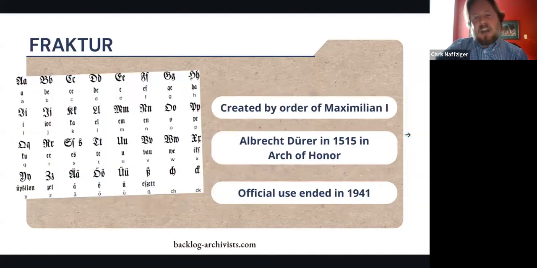And then it gets to Fraktur, which is what I might call stereotypical German text, which you see everywhere. It was created by the order of Maximilian I, House of Austria, or Habsburg, as we call it nowadays. This is what is so important for you to become comfortable using. Now, I'll openly admit, when I'm reading Fraktur type, I have this JPEG that is like a key. It's very similar to what I'm showing you down on the left.